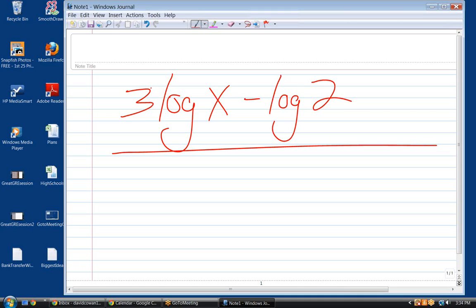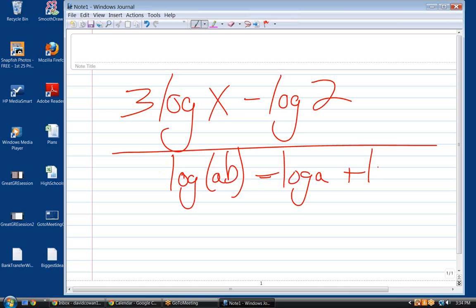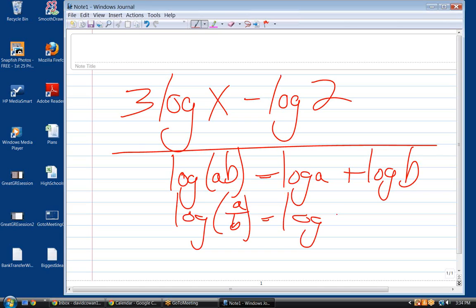Well, the first step really, let's review the 3 log rules. In other words, when you are multiplying inside the argument, you're going to add. When you are dividing inside the argument, you're going to subtract.